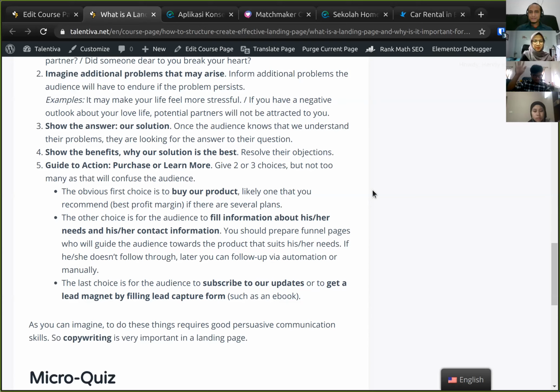Okay, Mas Yaski. Yeah, first of all, I've made some landing pages before. As you may know, there is a landing page in Lovia called Lowongan Kerja. There is no basic copywriting information about the solution to the problem that the leads might have.